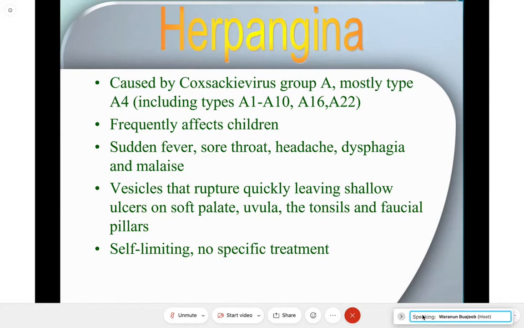After that, the vesicles develop. This is a self-limiting disease, and because it occurs in children with fever and sore throat, dentists do not see this type of patient so often. Maybe just pediatric dentists, yeah.